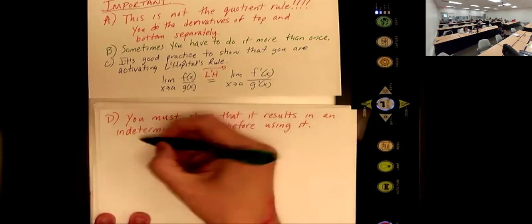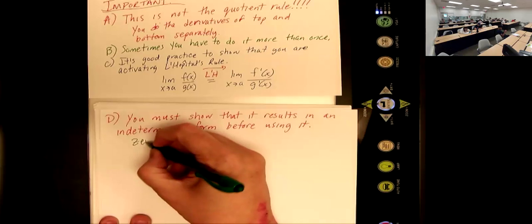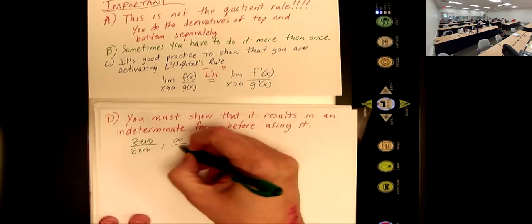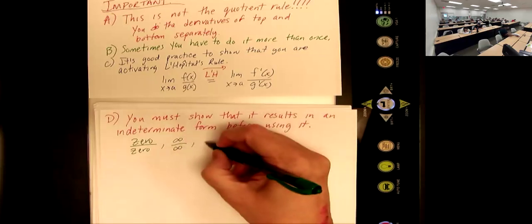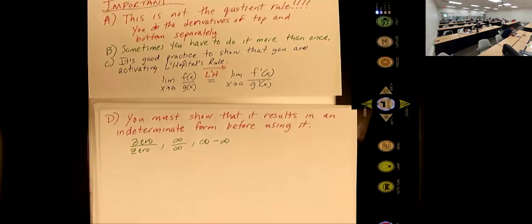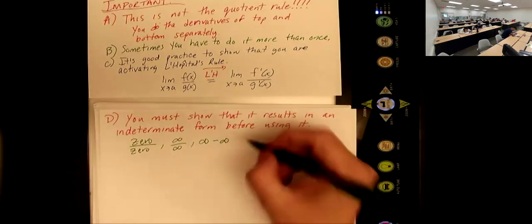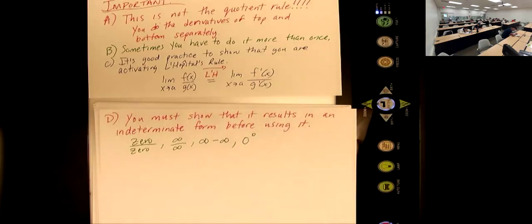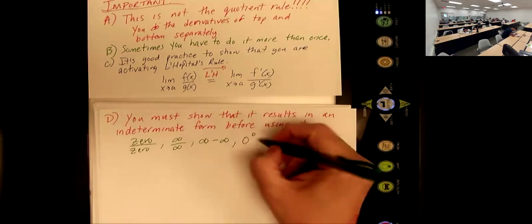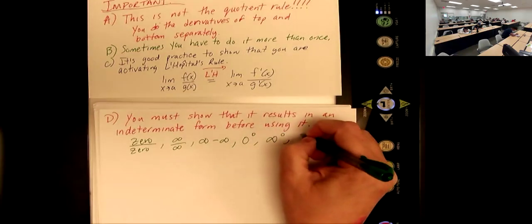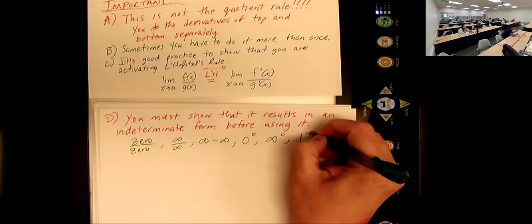So like, we're looking for 0 over 0, infinity over infinity. Infinity minus infinity is one that requires looking at. 0 to the 0 power. Infinity to the 0 power. And 1 to the infinity power.